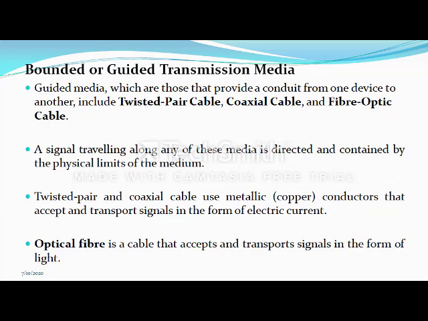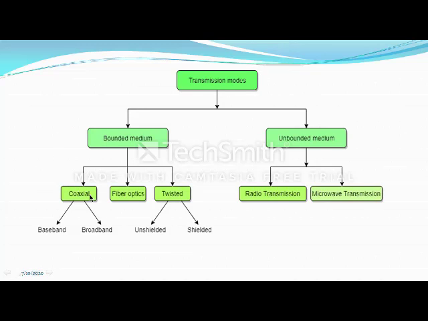As I said, the first one is bounded or guided transmission media. Guided media are those that provide a conduit from one device to another. They include twisted pair cable, coaxial cable and fiber optic cable.